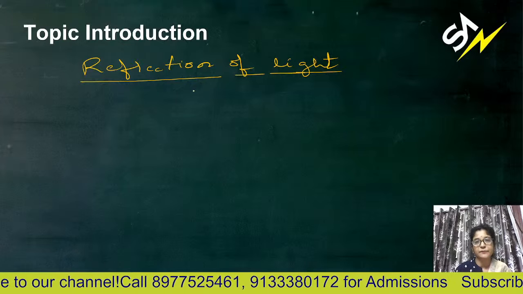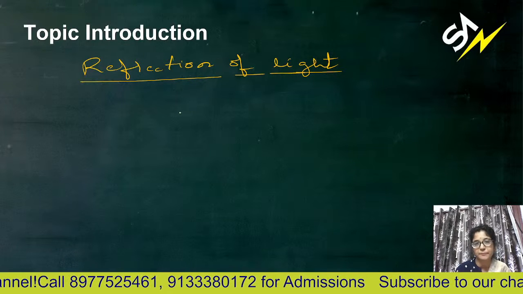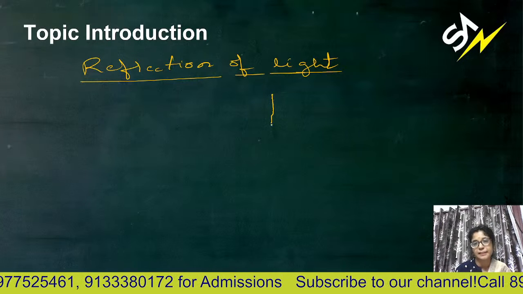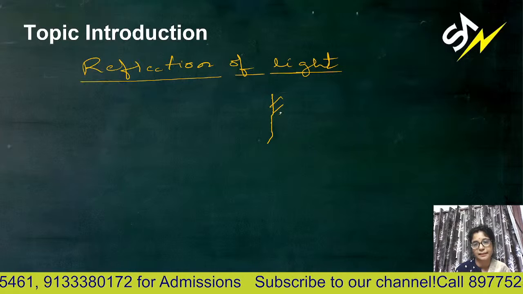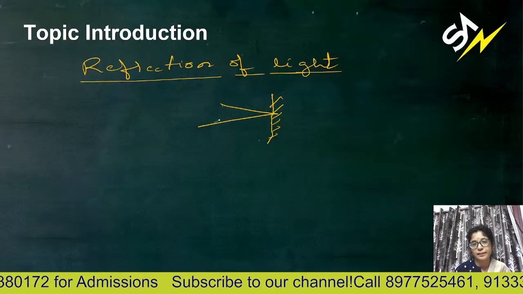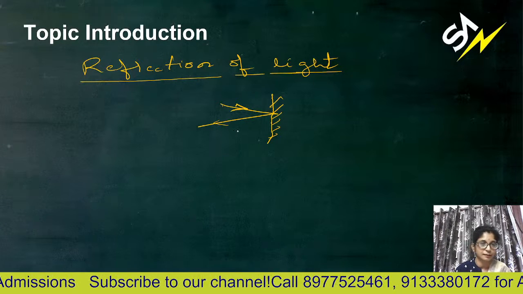When any light ray falls on any surface and then bounces back to the same medium, that is called reflection. For example, if you take any reflecting surface, a light ray falls on the surface and bounces back.